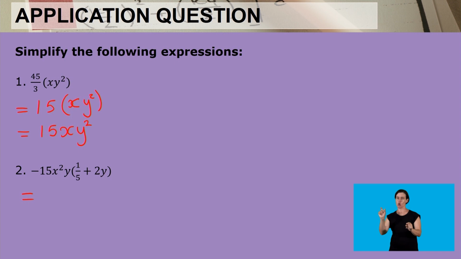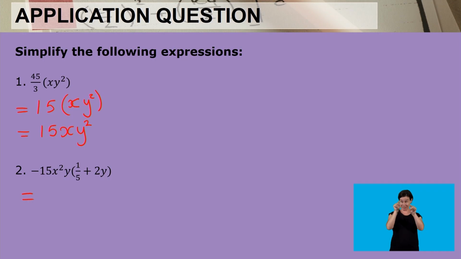So let's go ahead and multiply. We are going to start with the integers, and if there are any variables that need to be multiplied, then we are going to multiply those variables. Of course, keeping in mind our exponent laws. If the powers have the same base and we are multiplying, then we are going to add those exponents.